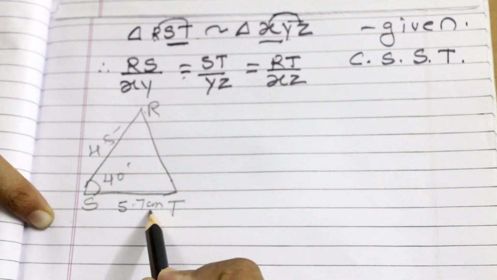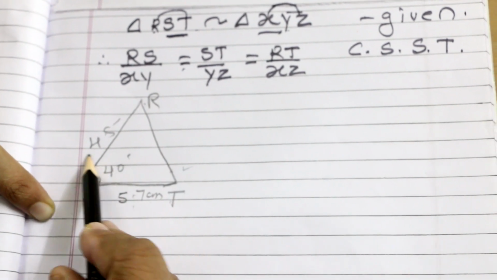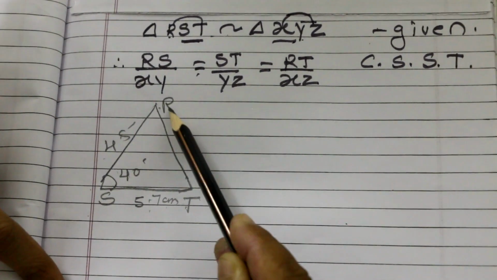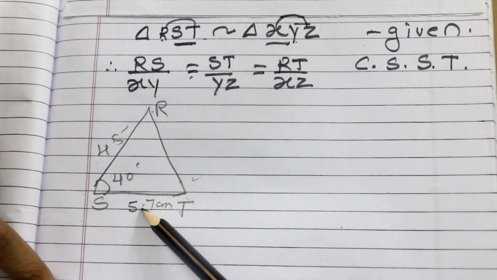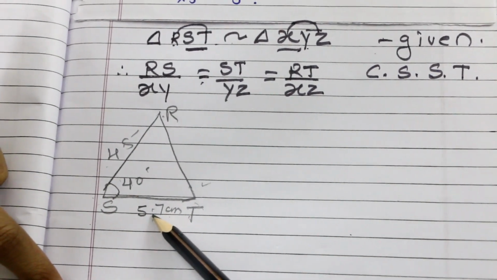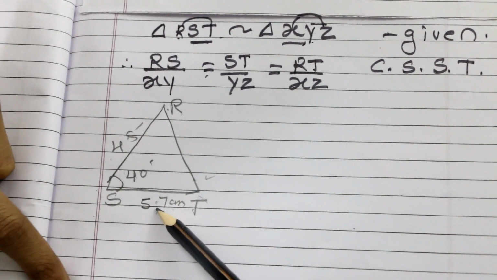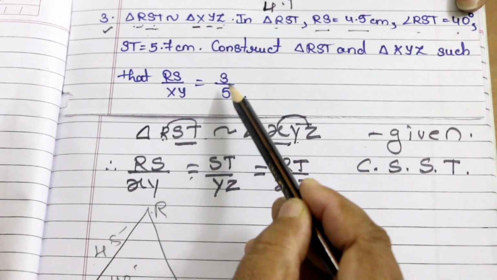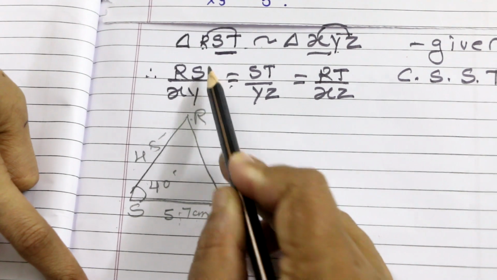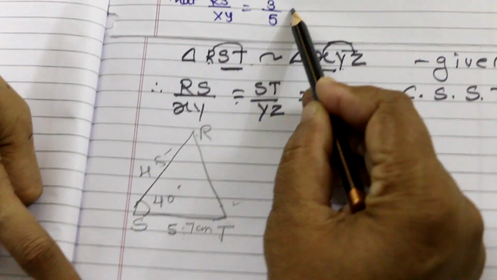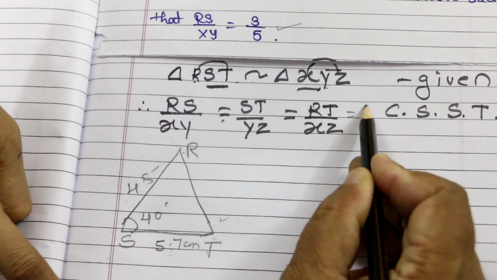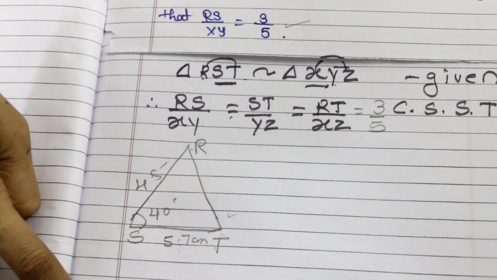So we can construct this triangle by three things which are given. We can construct RST because three things are given, but we cannot construct XYZ. Nothing is given about XYZ, only RS upon XY is given as 3 upon 5. So I can write this ratio equal to 3 upon 5.